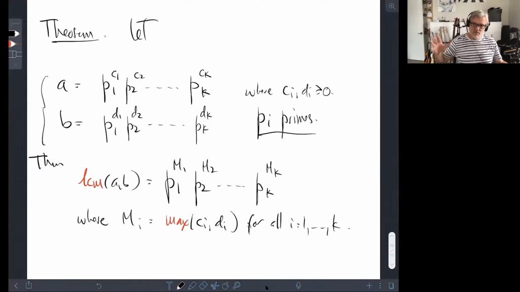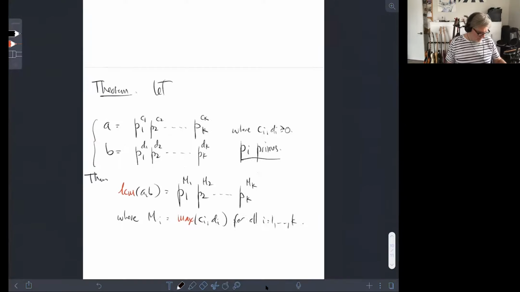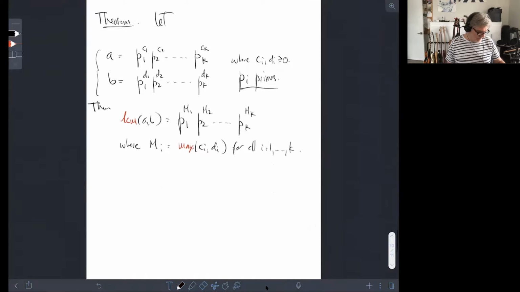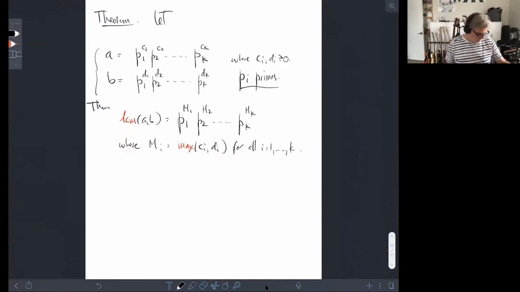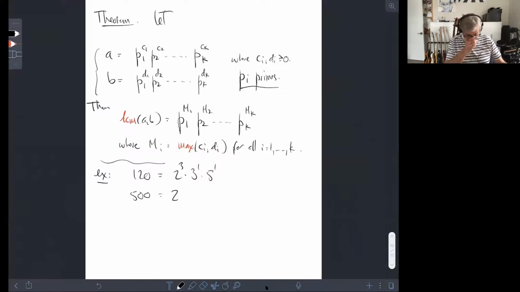Okay, so let's take an example to illustrate this. Same example. 120 we had is 2 cubed times 3 power 1 times 5 power 1. 500 is 2 squared times 3 power 0 times 5 cubed.